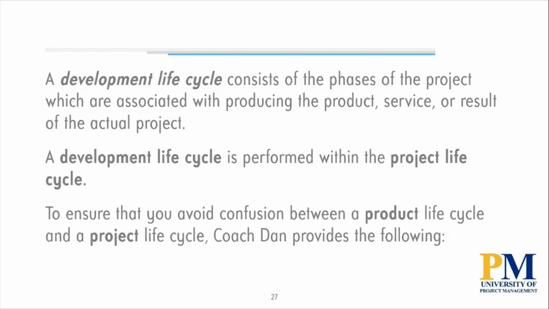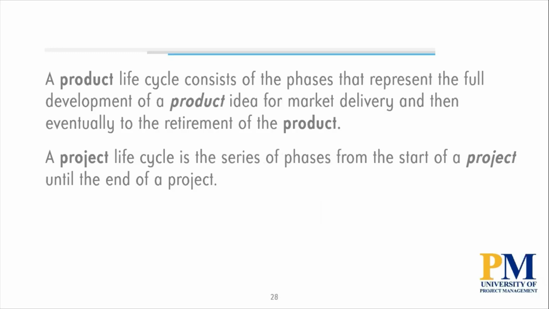And to ensure that you avoid confusion between a product life cycle and a project life cycle, Coach Dan provides the following. A product life cycle consists of the phases that represent the full development of the product idea for market delivery and then eventually to retiring or sunsetting the product. A project life cycle is a series of phases from the start of the project until the end.